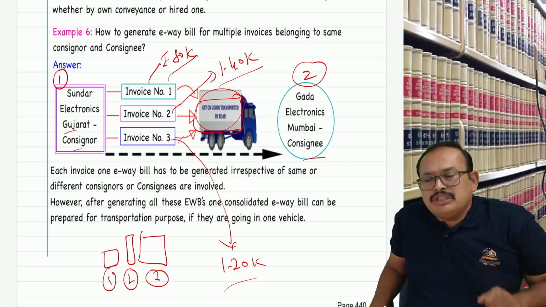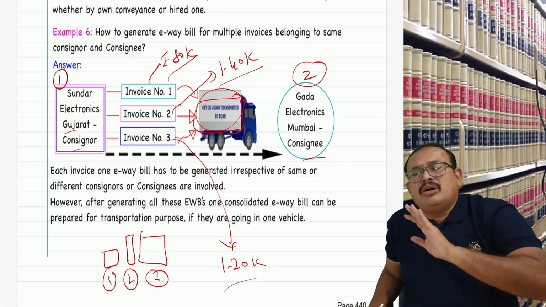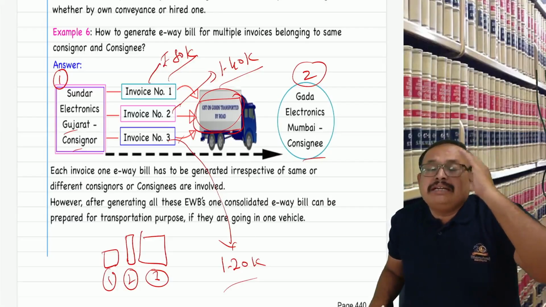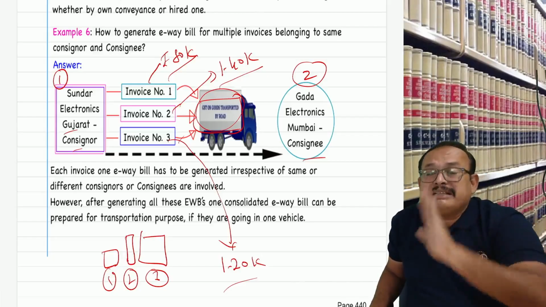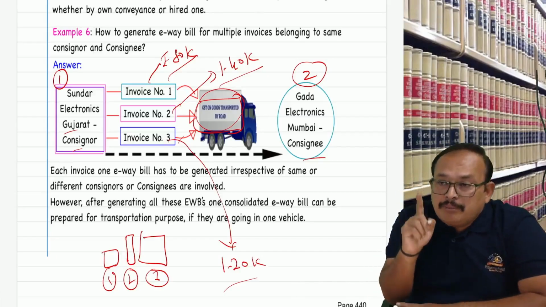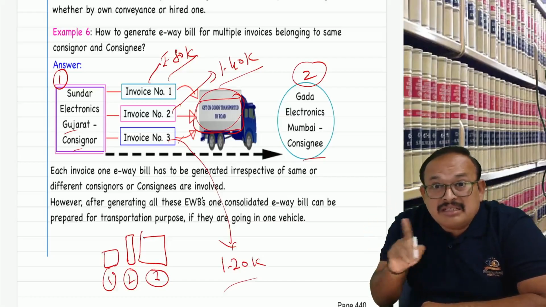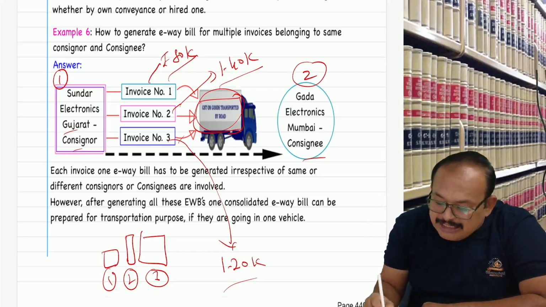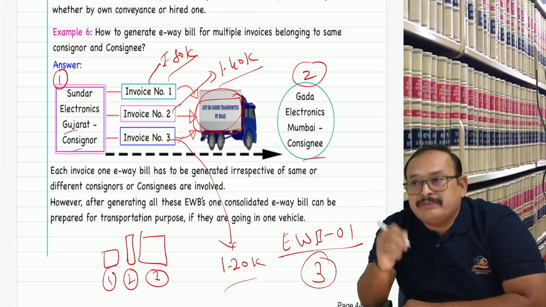Am I required to issue 3 different e-way bills, or is one EWB-01 sufficient? This question has been addressed by the CBIC. E-way bill should be generated invoice-wise. So how many EWB-01s? 3 invoices, so 3 EWB-01s are required.